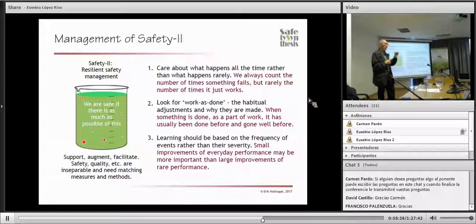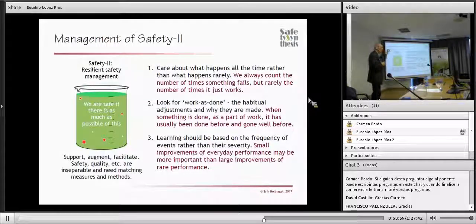If everything goes well, then you're safe. So what you should try and do is to understand how things happen and try to increase the number of things that go well. You should try and fill the glass so it's absolutely full. Then you're perfectly safe. There will still be things in there that go wrong.